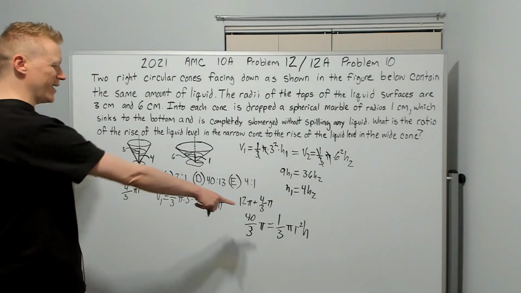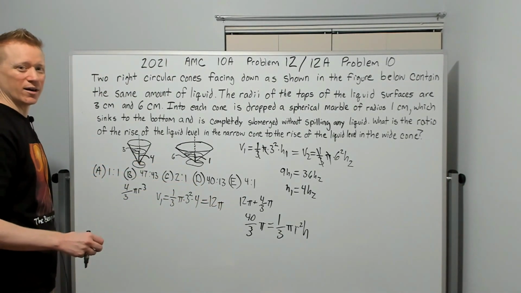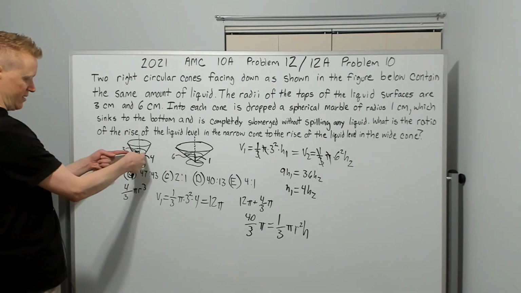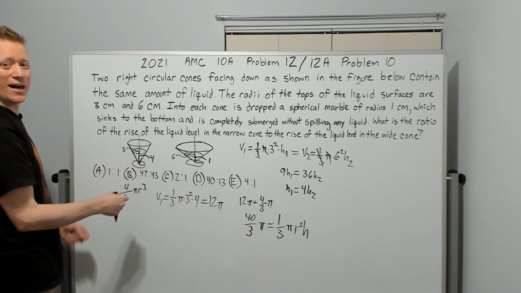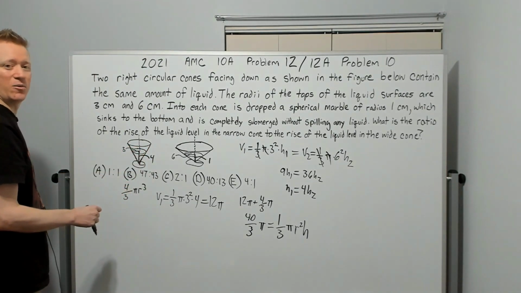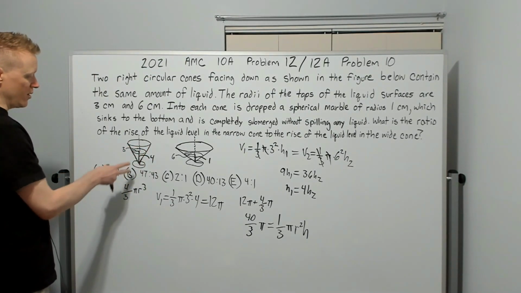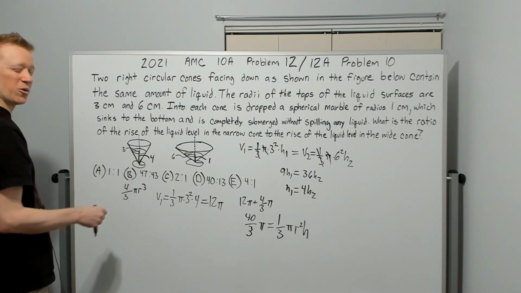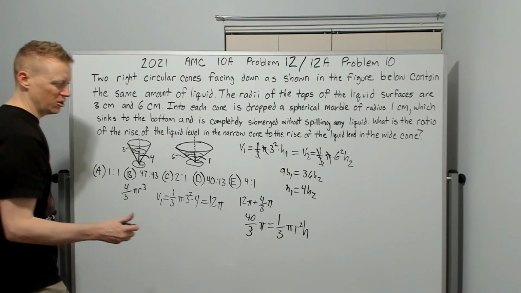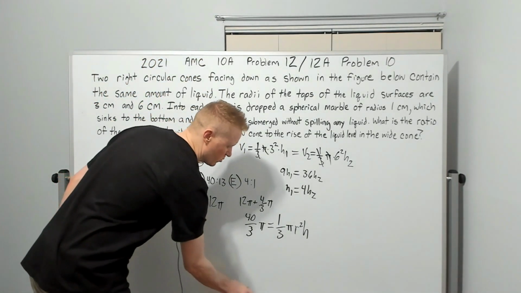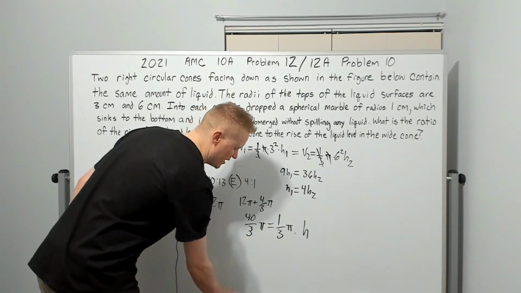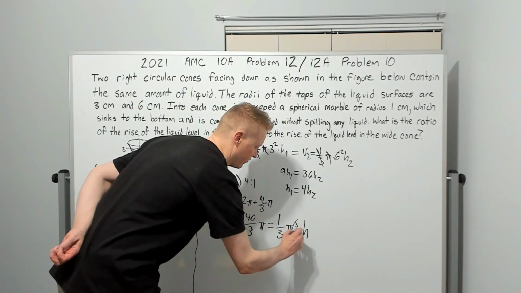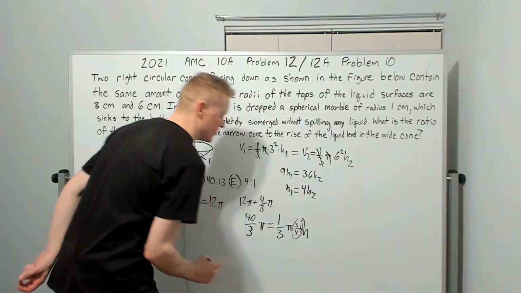And so why is the r not 3 anymore? Because it went up. And when it went up, the surface of the water went up higher, so the radius is now different than what it was. So whatever the radius is, it's 3/4 of the height. So I could make this radius 3/4 of the new height. And so that's going to be 3/4 h squared times that height.